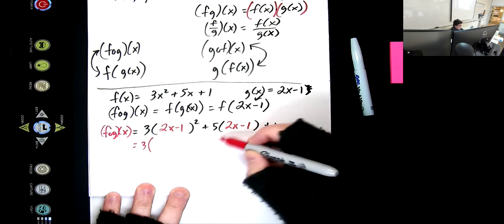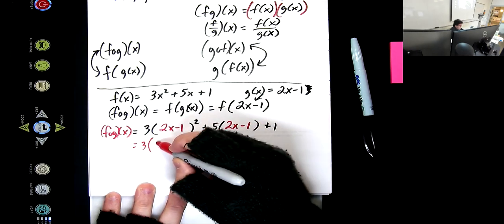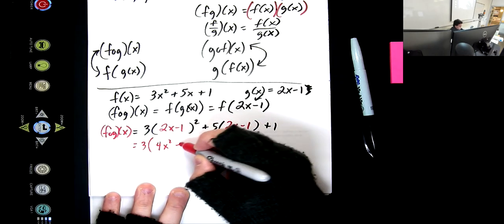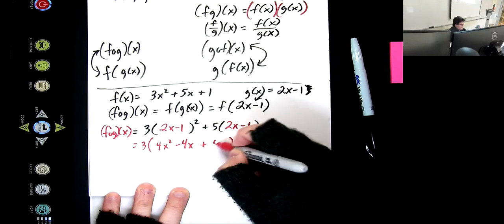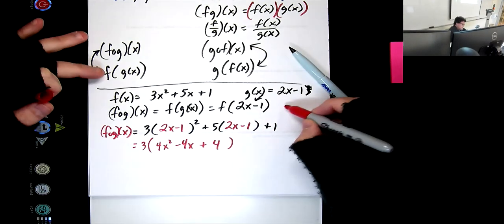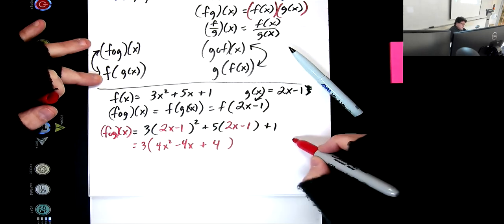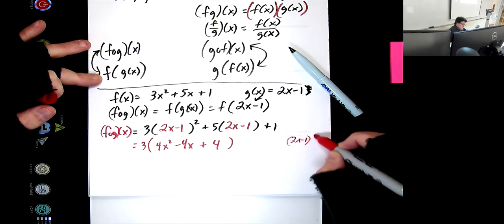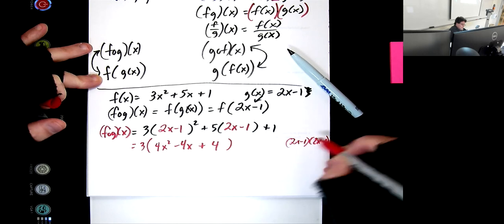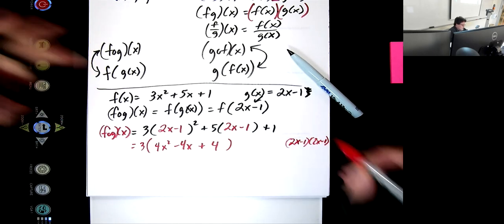And if I square that, I'm going to get 4x squared minus 4x plus 4 on the inside. Remember, this part right here is 2x minus 1 times 2x minus 1. So you have to distribute. You can't just square each thing individually.